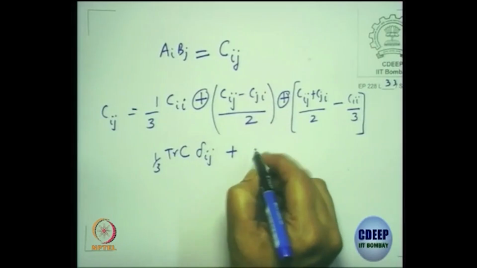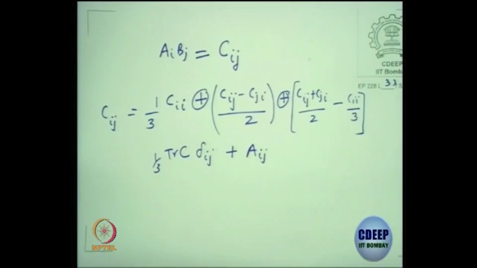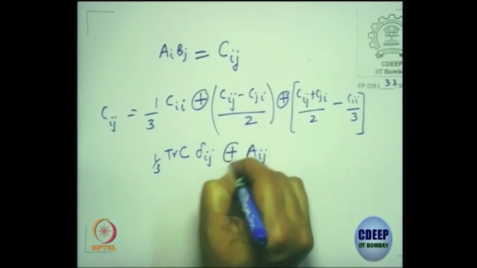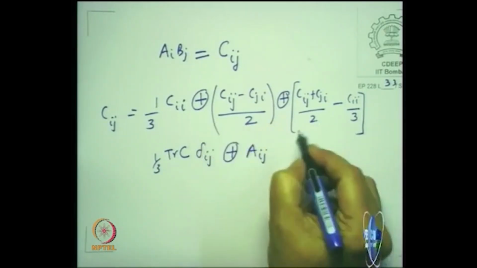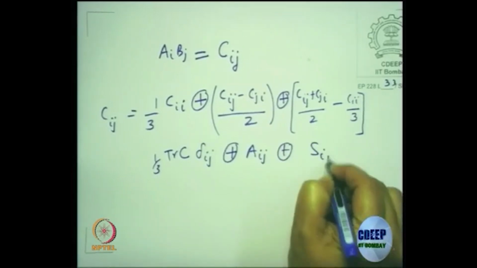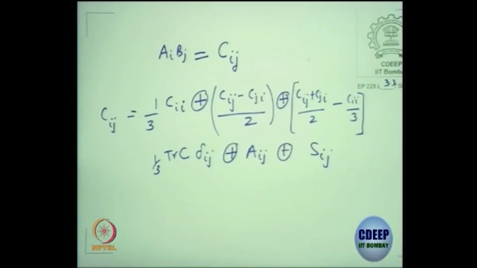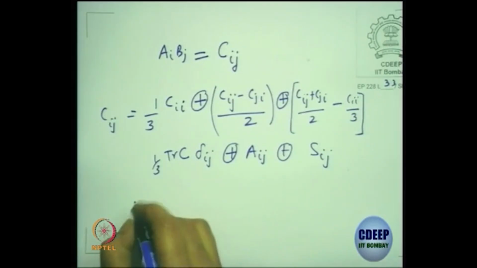This I will write as Aij. Okay, this bracket I will write as Sij. Can someone check whether the trace of Sij is 0 or not?